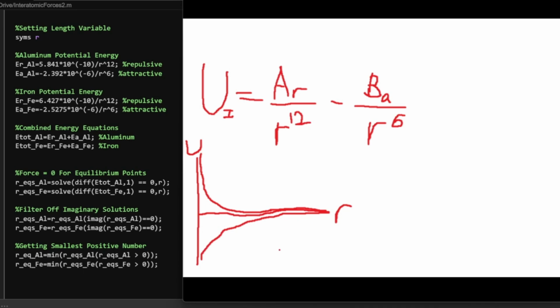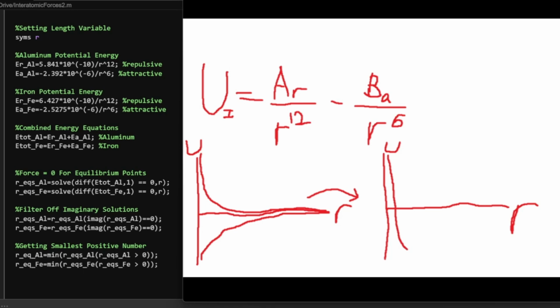If we then combine these into one total energy function, as we see up here in the Lennard-Jones equation, we will get a better understanding for what's actually happening here, as the repulsive energy overpowers at very, very low interatomic distances.